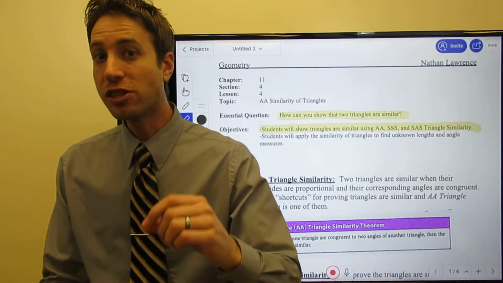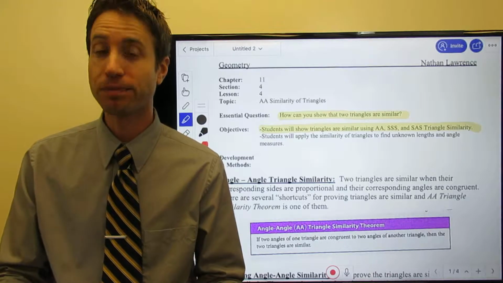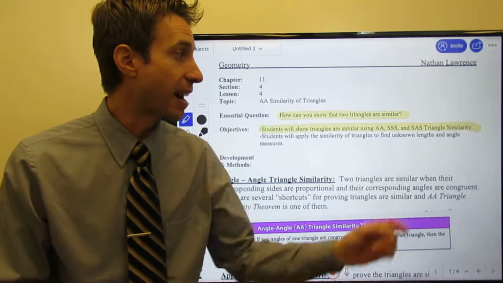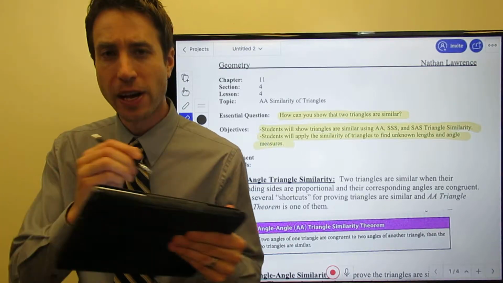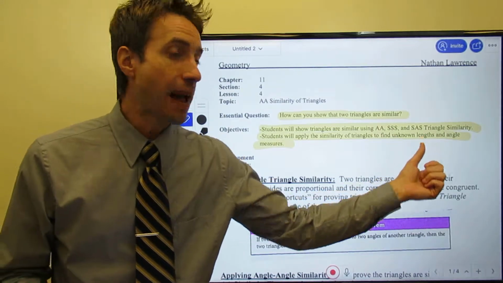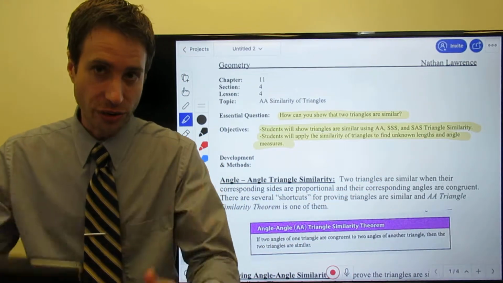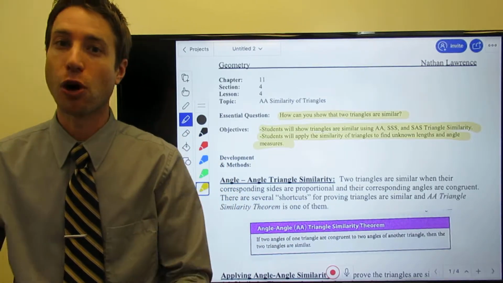Then, once you can tell me that the figures are similar, we're going to do some algebra. Find unknown lengths and angle measures. In the last section, we did that algebra. We set those angles equal to each other and solved for the unknown. We set up those proportions and solved for the unknown.